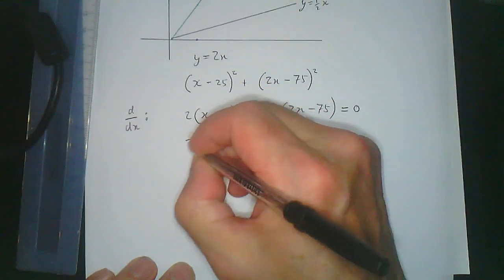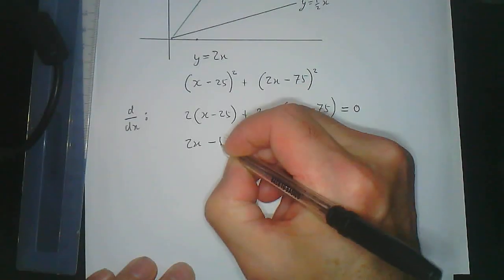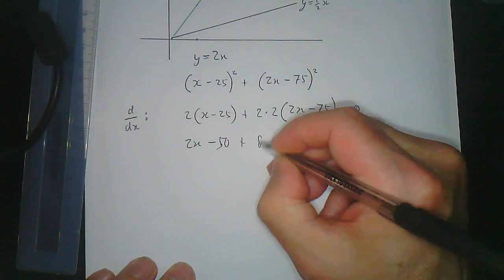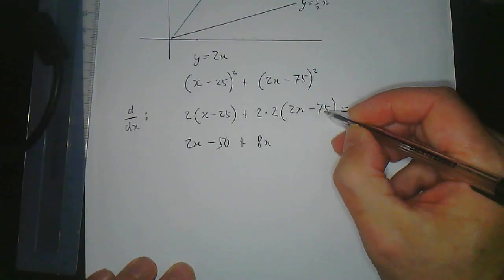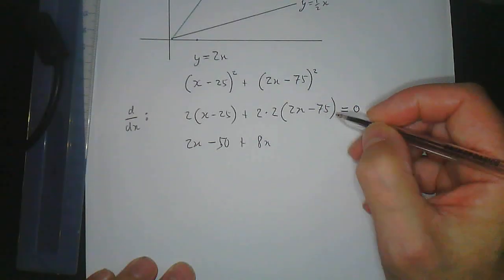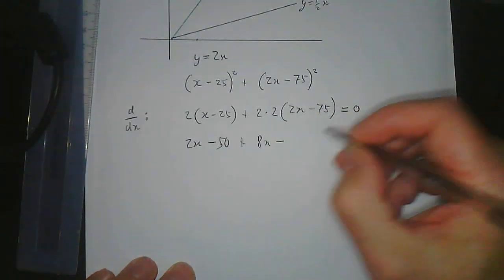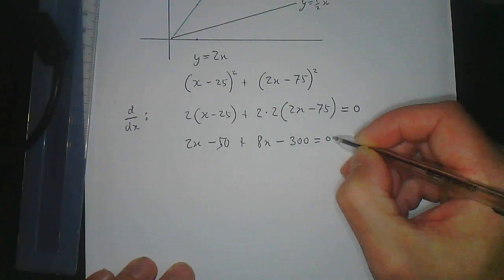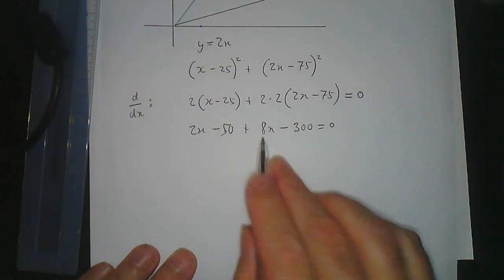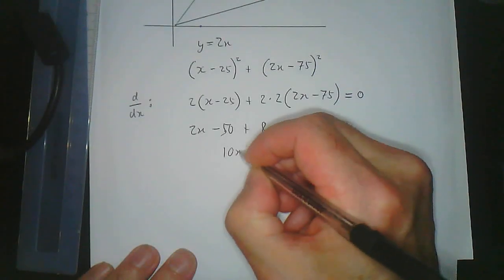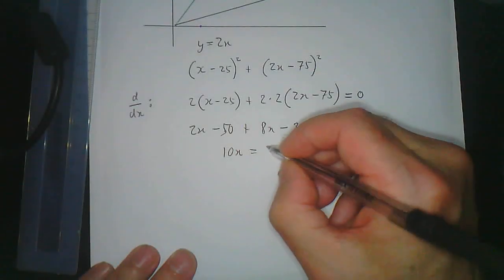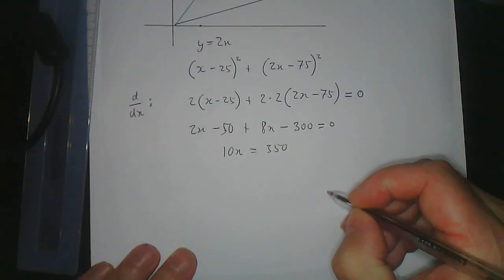So we've got 2x minus 50 plus 4 times 2 is 8x, 75 times 2 is 150, times 2 is 300, minus 300 equals 0. Collecting our x's, we've got 10x, and adding 350 to both sides gives us 350.